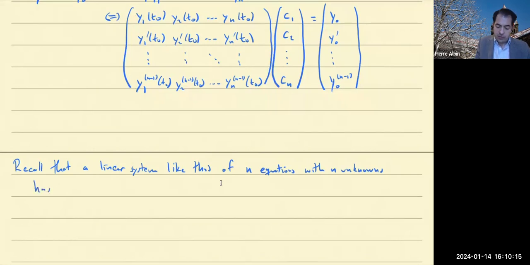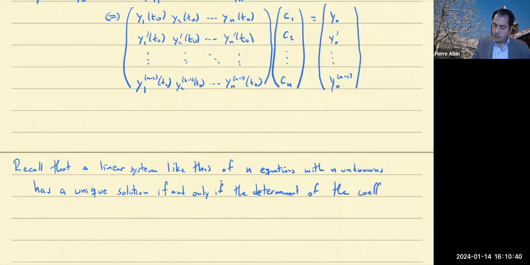This system has a unique solution if and only if the determinant of the coefficient matrix is not equal to 0.